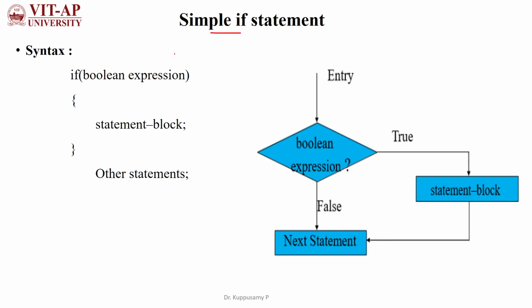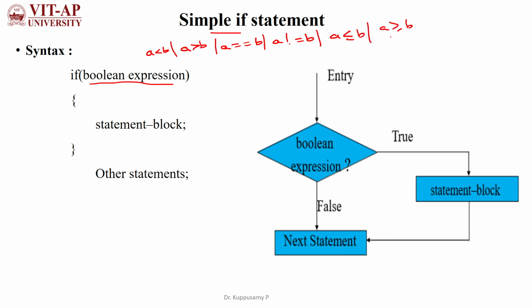The simple if statement takes a boolean expression. That means it takes a relational operation like a less than b, a greater than b, a equal to b, a not equal to b, a less than or equal to b, or a greater than or equal to b.